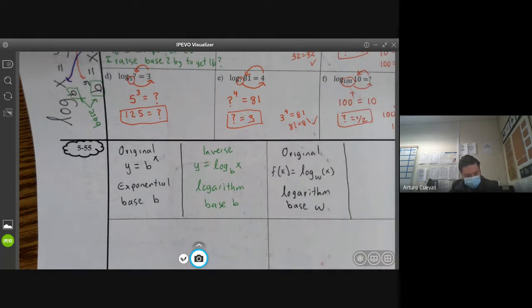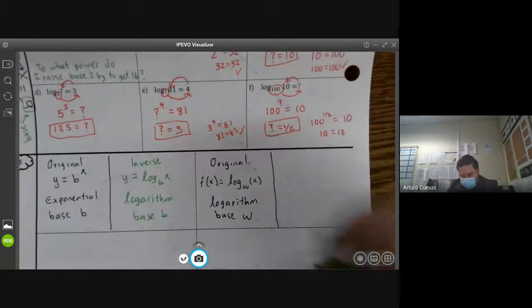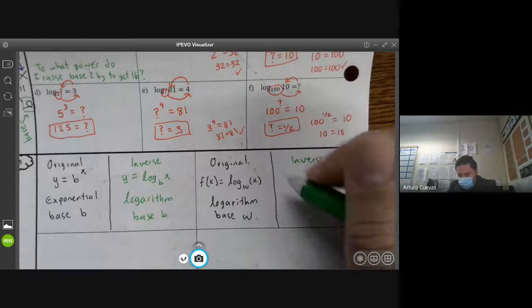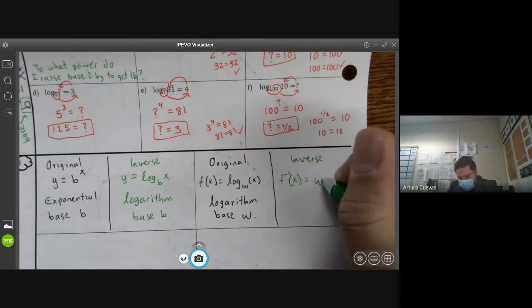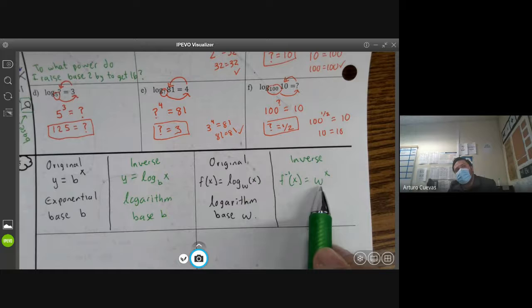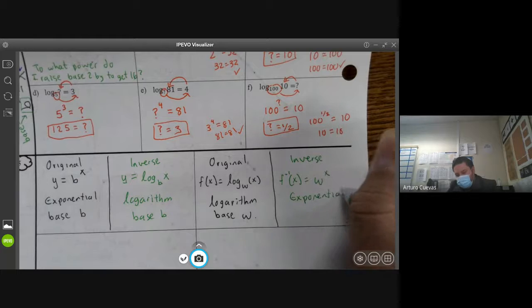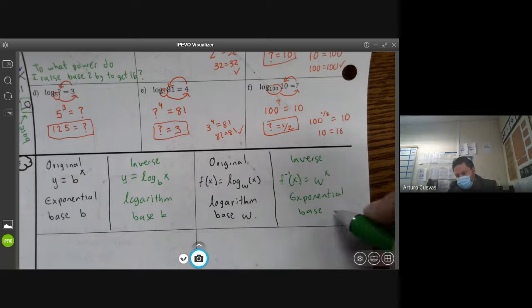W. Inverse: f of x equals w to the power of x. Is this a logarithm or an exponential? This is an exponential. And what is the base? What is the base of this exponential? W.